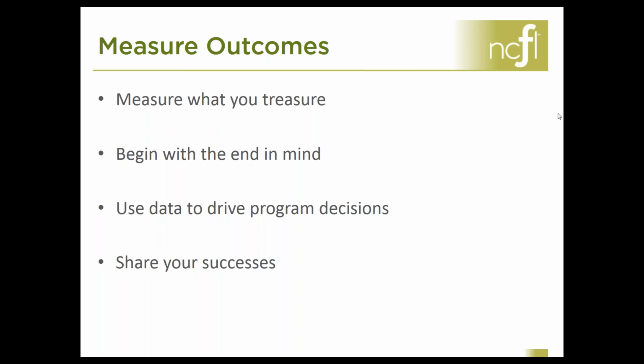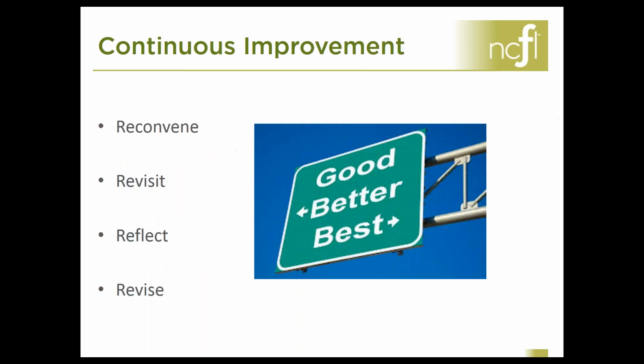Also, when we look at continuous improvement, it means reconvening throughout the year, but doing that with a purpose. I think that team planning is so critical, but we get stuck sometimes in a rut of just checking the team planning box. Make sure you're meeting, but meeting with a purpose, and continually going back to those core program messages to make sure that you're meeting those core needs of both your program and, of course, your families.